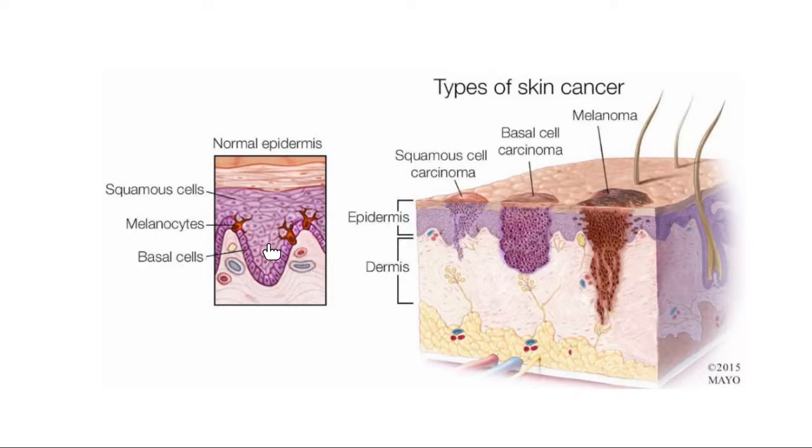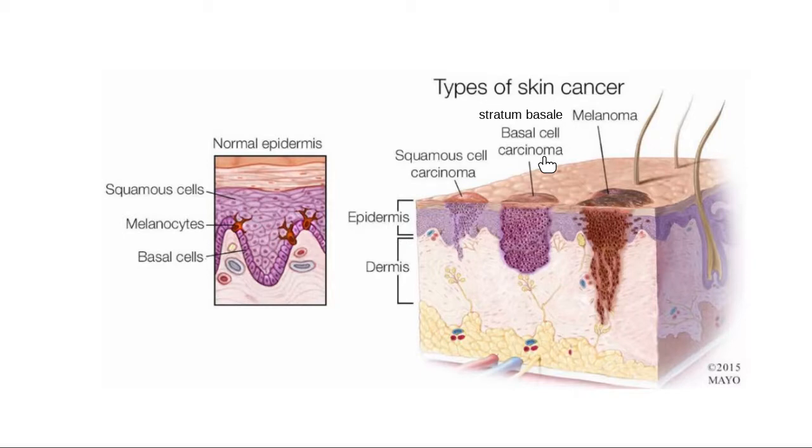If one of your keratinocytes that lives next door to the melanocytes becomes cancerous, so if a keratinocyte in stratum basale becomes cancerous, you develop what's called a basal cell carcinoma.